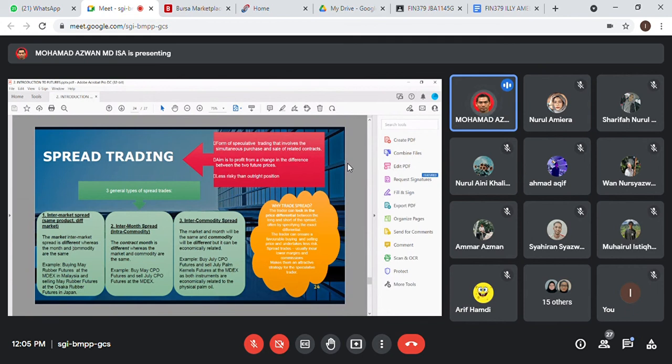And at the same time, if you expect the price of Dow Jones futures in the US to increase, you buy in the US. So if you expect KLSE futures in Malaysia to drop, you sell KLSE futures in Malaysia, and at the same time, if you expect Dow Jones futures in the US to increase, you buy Dow Jones futures in the US. That's how you spread the risk between the two markets.